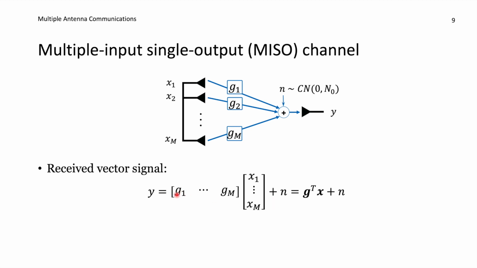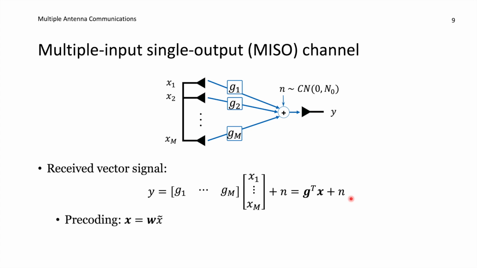And remember, g1 to gM, we had a vector before that was called like that. That was the channel vector. But now it is a row matrix instead of a column matrix. So we have taken the transpose of that vector. And if we call X1 to XM the boldface x here, then we have this inner product here and we add noise to it. The noise is just a scalar number because we have only one receive antenna and noise is created in the receiver hardware.